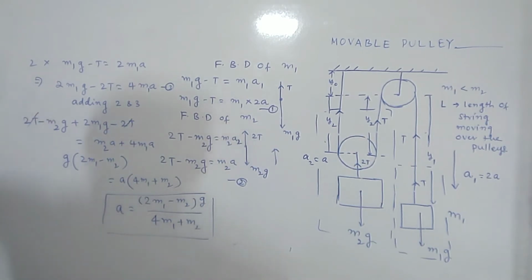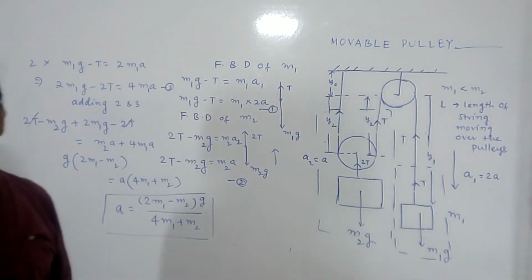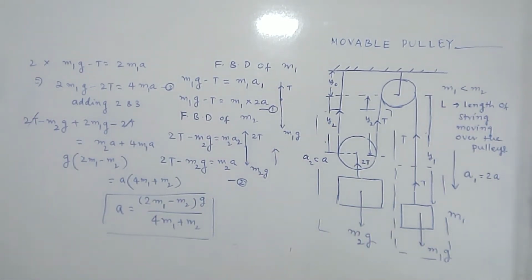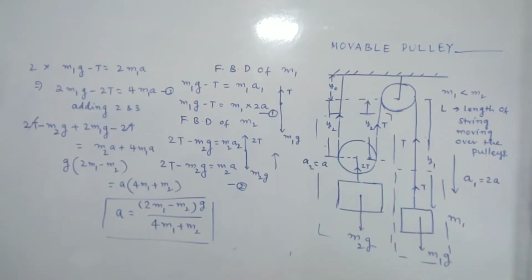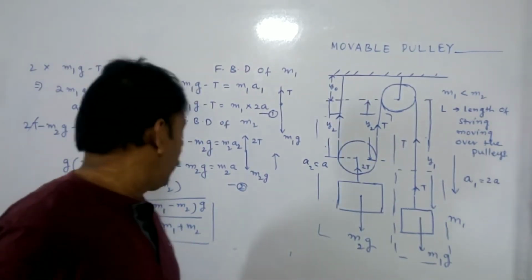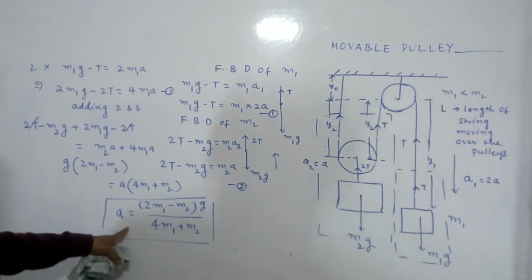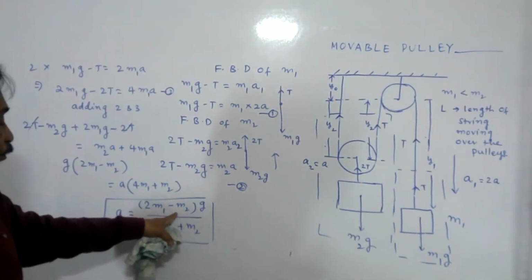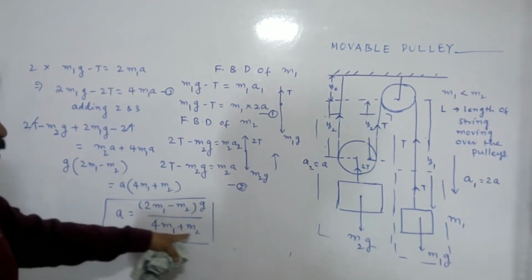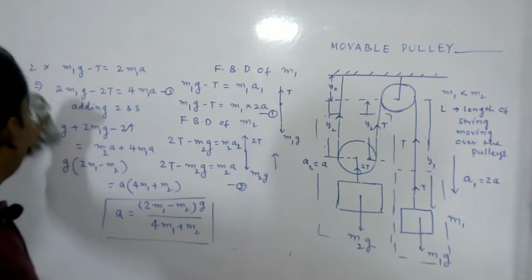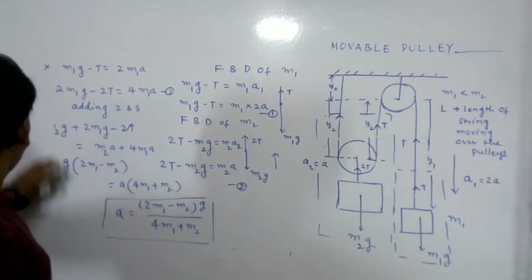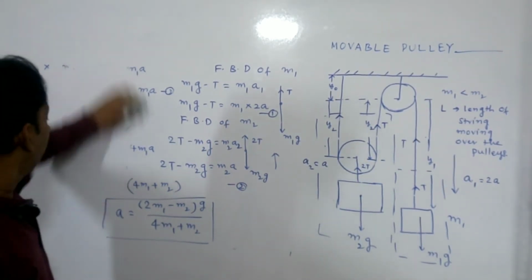It is the desired acceleration, students. Okay, students, in this way we can find out the acceleration as 2m1 minus m2 of g by 4m1 plus m2. Then after we are going to find the tension in the string, students.